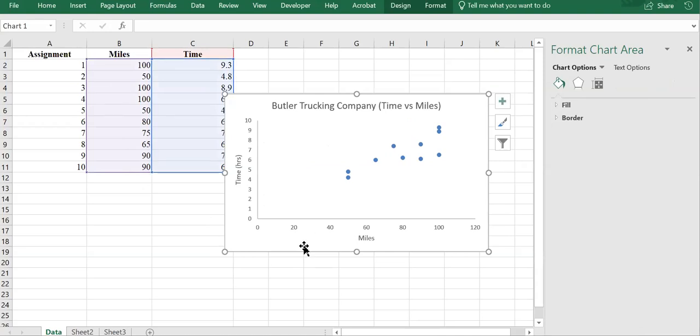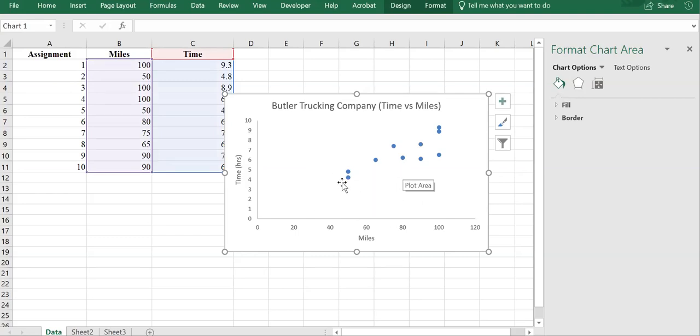I see the relationship between, so this is just a scatter chart. A simple scatter chart just puts the dot for each one of these rows. For each assignment, we have one dot on this scatter chart, all right?